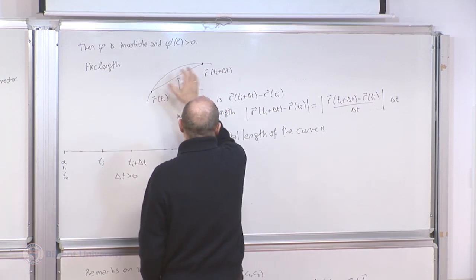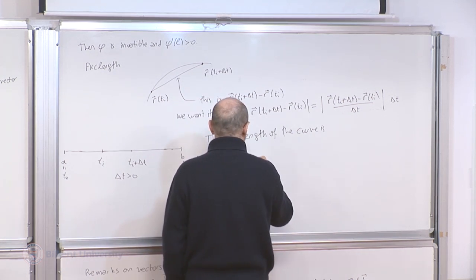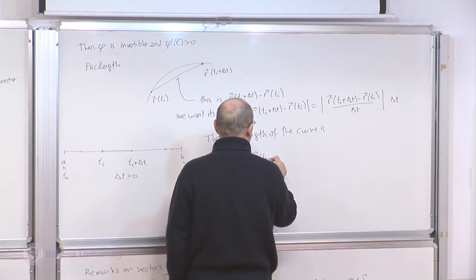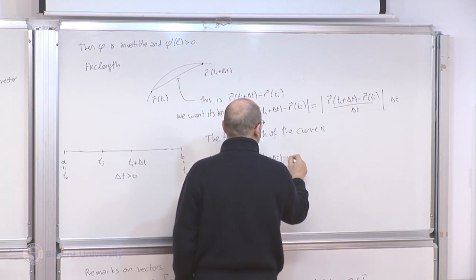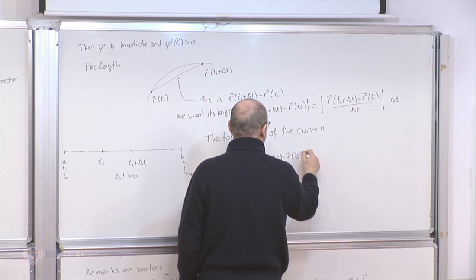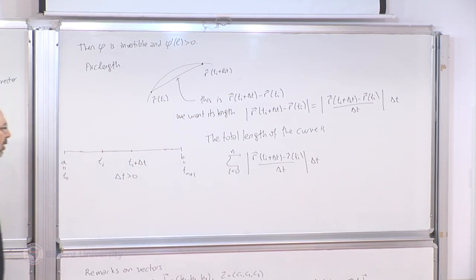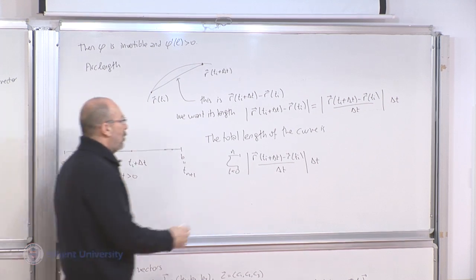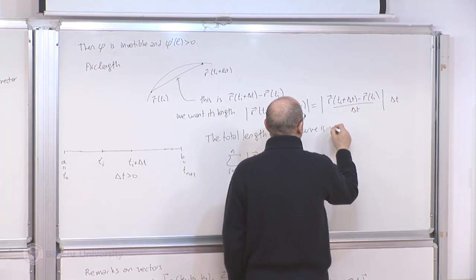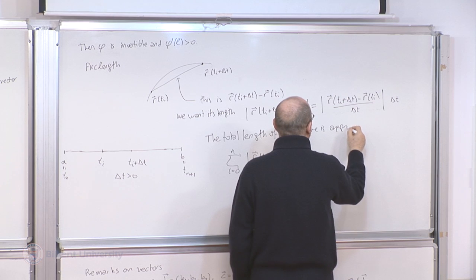So I have all these pieces, and I add up these pieces. Let me write it again: delta T, delta T. So we have the usual expression, so it is approximately.